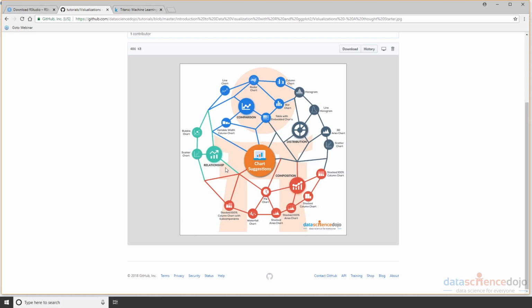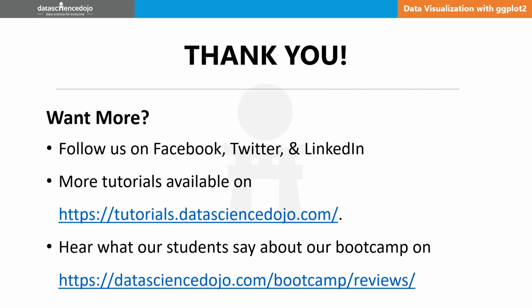You can create relationship plots, comparison plots, distribution plots, or composition plots. So you have some idea about how to categorize your plots. This is a thought starter if you want to dive deep into your data and visualize it with different layers. This is a good way of doing it.